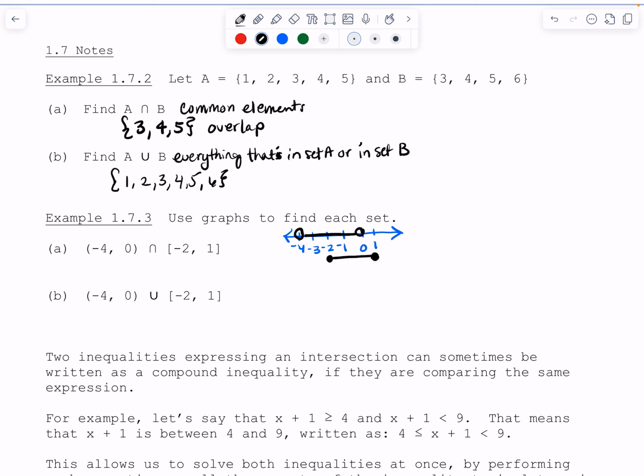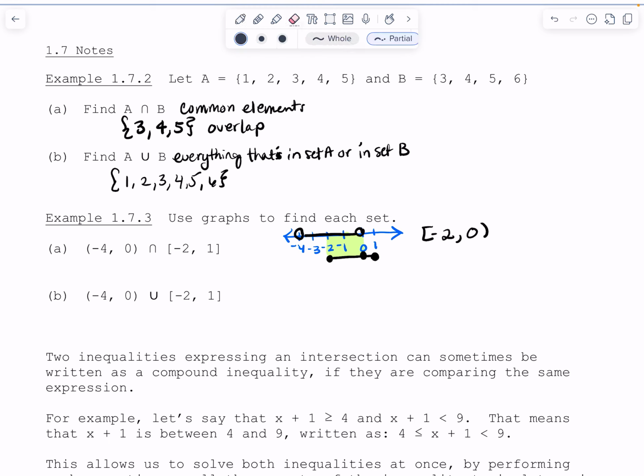Okay? So remember, I'm looking for overlap. Where does this overlap? Okay? So it overlaps at negative 2, negative 1, and it goes to 0. And then it stops. Okay? So where does it overlap? So the answer to this would be negative 2 is included, and it's going to 0, which is not included. Okay? Well, actually, you can include it because below here, 1 is included.